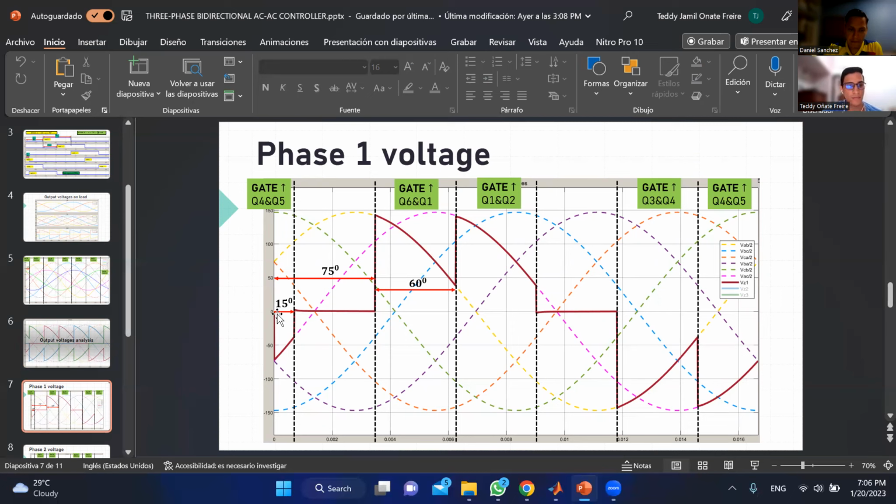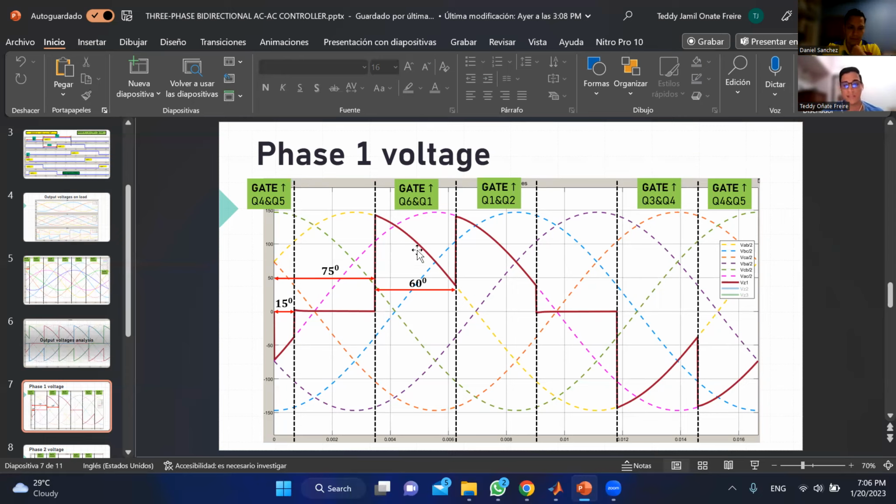At the beginning, we can appreciate the offset of 15 degrees, where Q4 and Q5 are on. They are in conduction mode. Then where can we find the firing angle? In the phase 1 voltage, as my partner talked about recently, here we have 75 degrees.